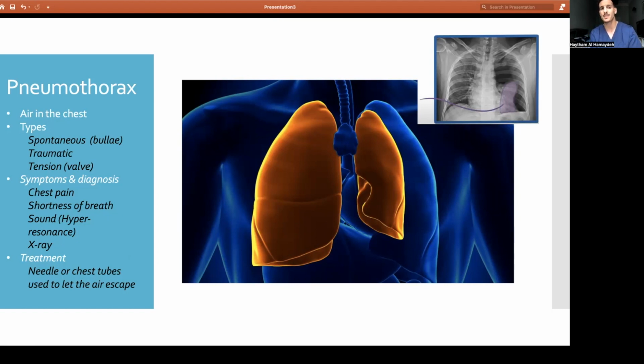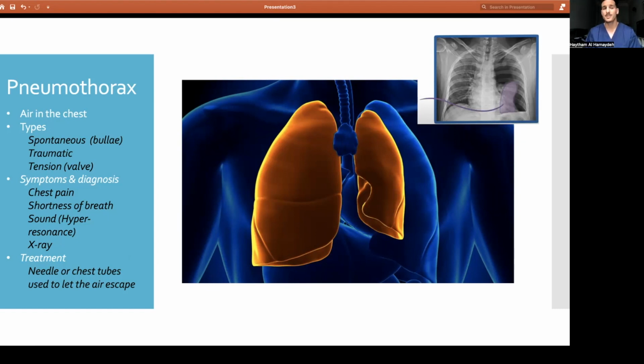Usually the pleural space has a negative pressure that is basically like a vacuum due to the pulling force of the chest wall outwards and the collapsing normal effect of the lung. And so this negative pressure is basically the pleural space.